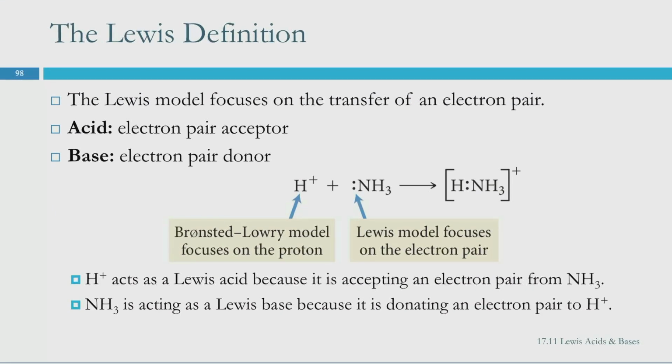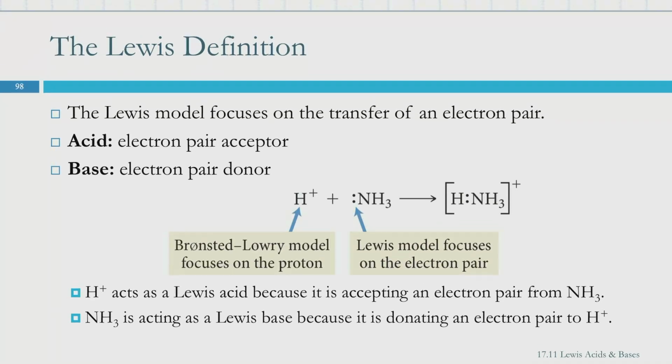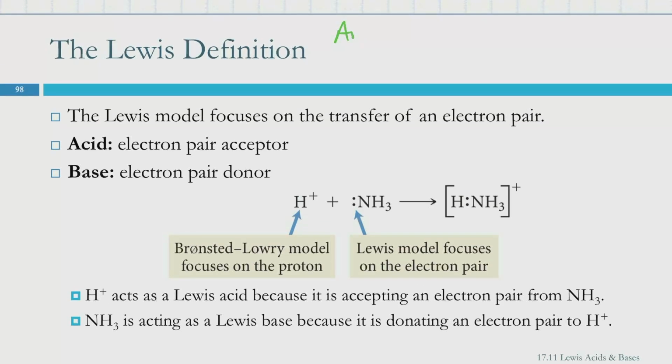We have now a third, I think this is our third, definition of an acid. So we also have the Lewis definition. We had Arrhenius, and we've also had Bronsted-Lowry.